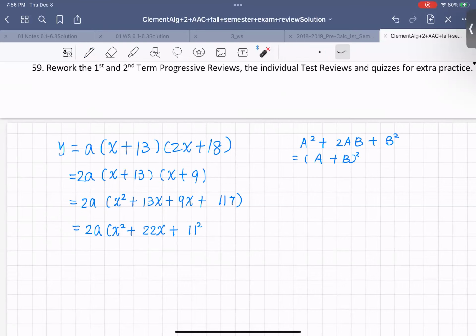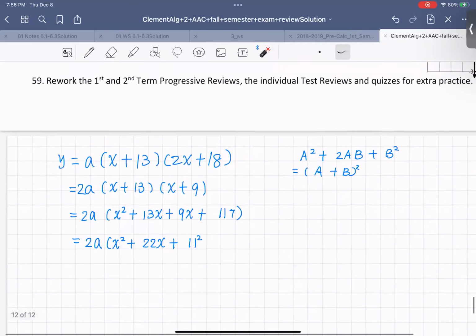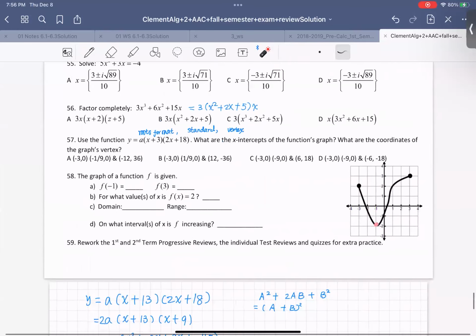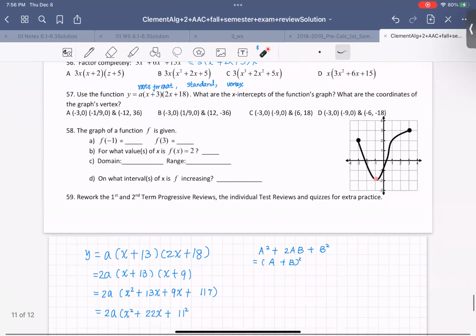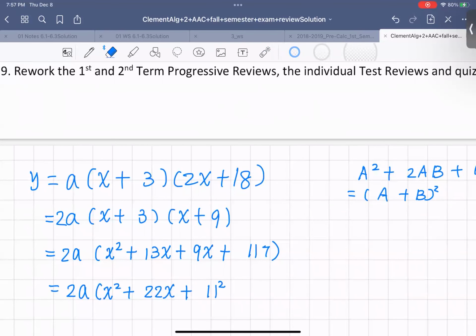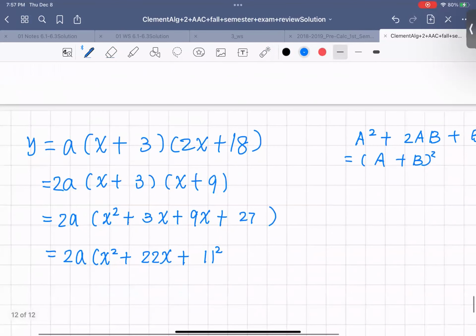Isn't it x plus 3, not x plus 13? Oh, sorry. I copied things wrong. Thanks for catching me. So this is 3x and 9x, and this is 27. And then this is 12x. And then 12 divided by 2 is 6, so 6 squared.